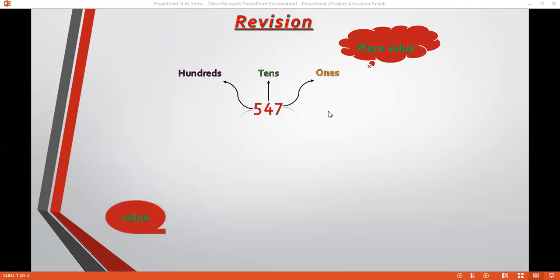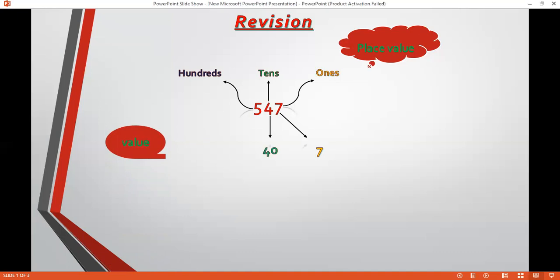What about value? The value of each digit here, of this number. The value of 7 first: 7 is in ones, so it will be the same number, just 7 things. What about 4? 4 here is in the tens place, so the value of 4 will be 40.